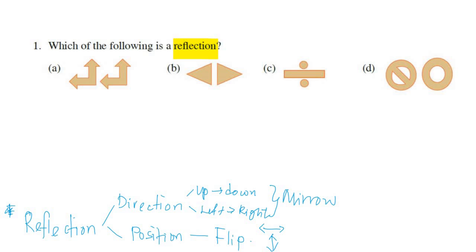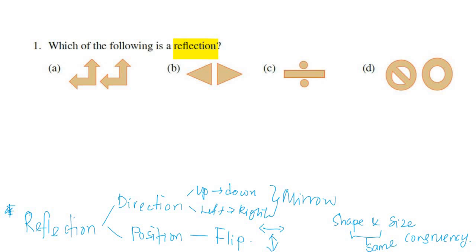The shape and the size after reflection will always be the same because they are congruent. This is all we have learned in the textbook when we were doing the class in school.